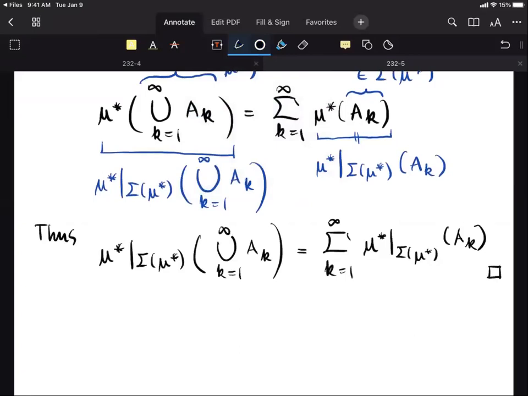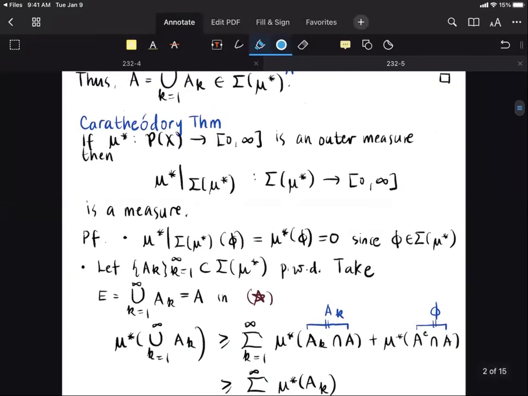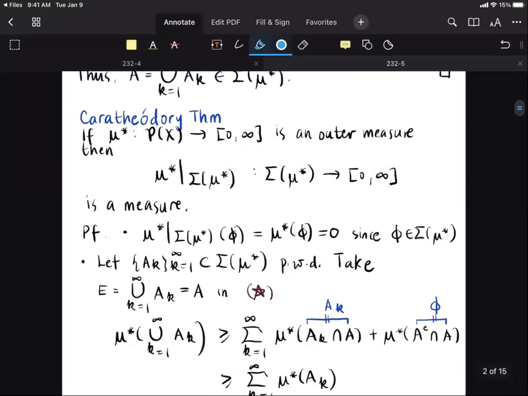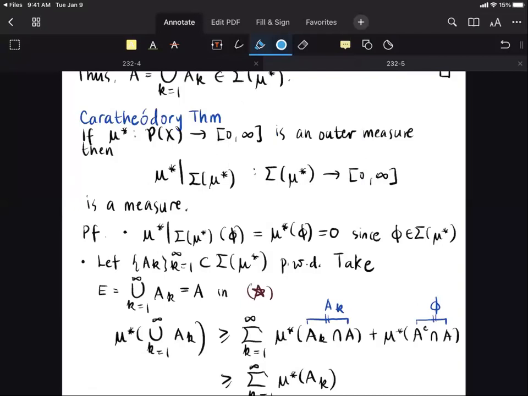And that establishes the sigma additivity of the restriction of the outer measure to the measurable sets. So that is how to obtain a measure from an outer measure: we just need to restrict the domain of the outer measure to the collection of measurable sets.